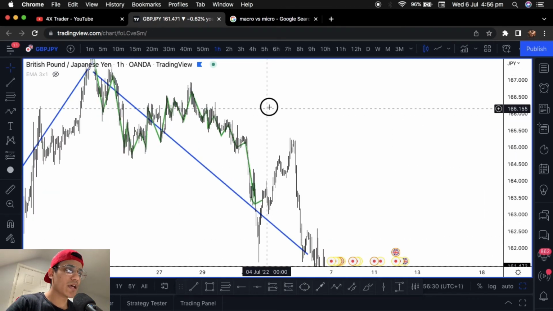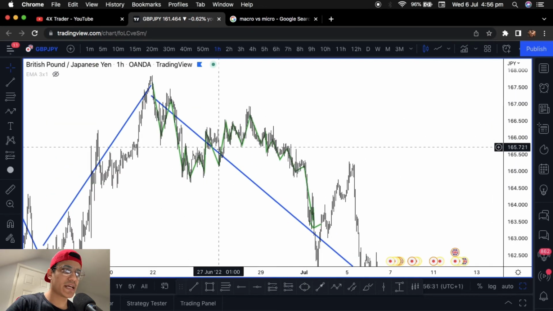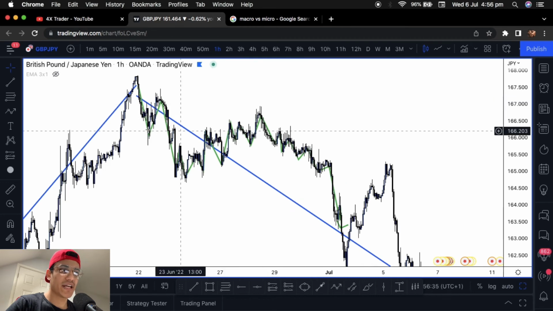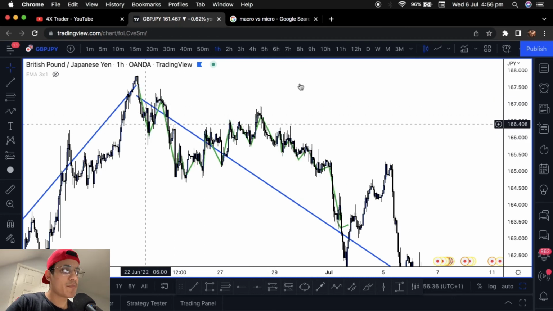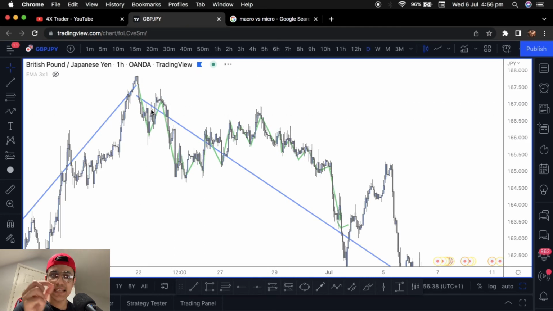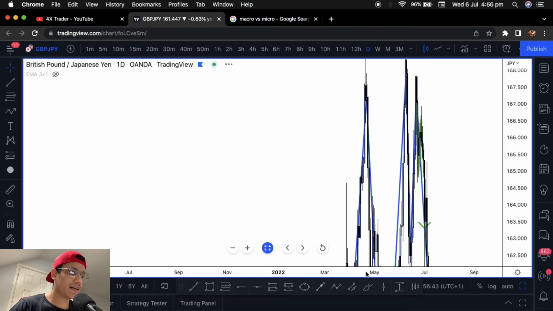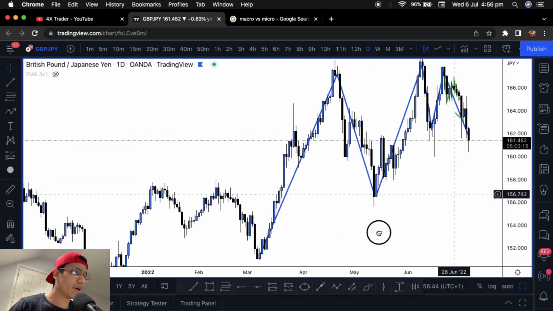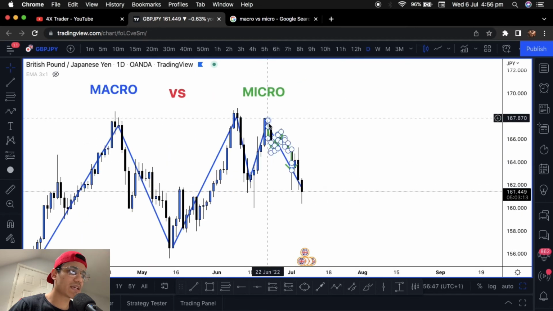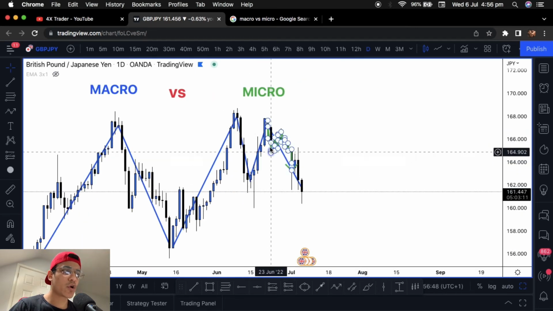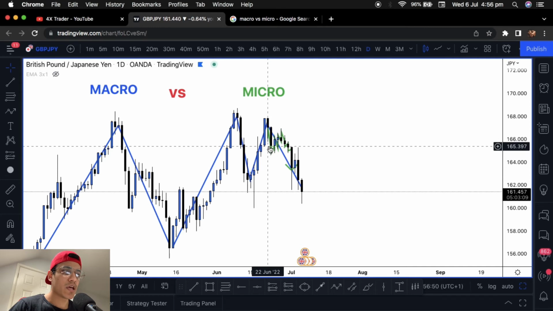So let's say you see the daily, it's going down and you want to take a sell, but you end up taking a sell down here, because when you're looking at the daily, you're not seeing this 1 hour data, you're just seeing the big picture, and then you enter a sell, right? Let me show you. You enter a sell, let's say after this bearish engulfing. Look where you enter, down here, right?